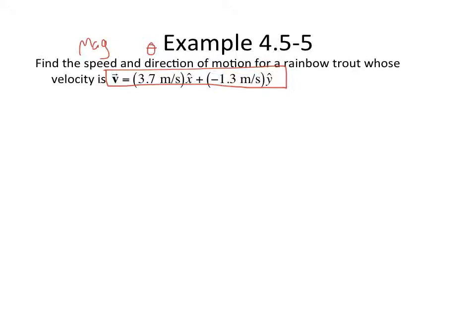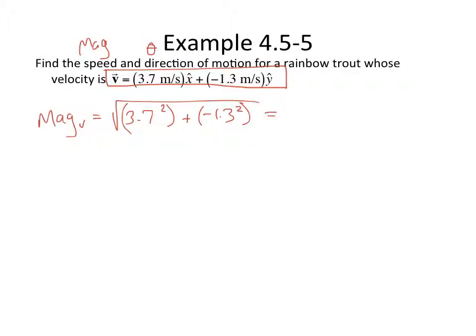So the magnitude of the velocity can be described as the square root of the x component squared, so 3.7 squared, plus the negative 1.3 squared, the y component squared as well. 3.7 squared plus negative 1.3 squared.